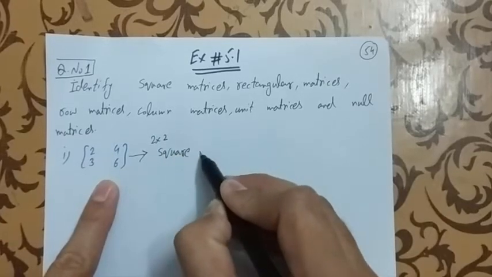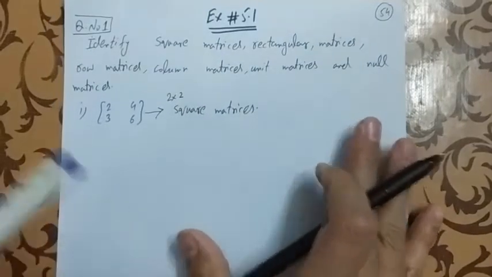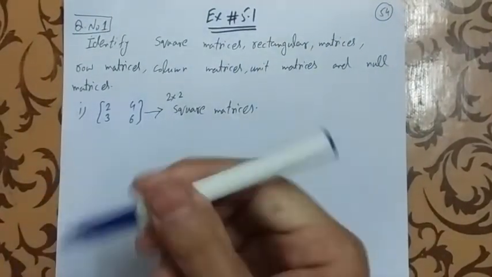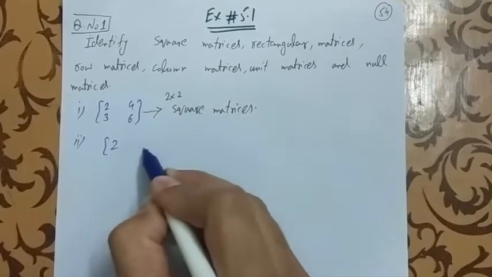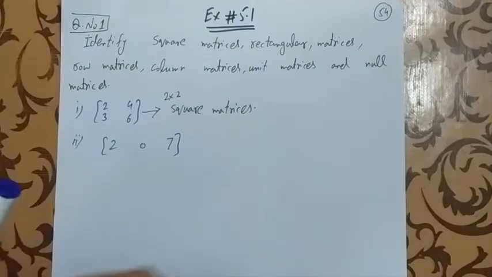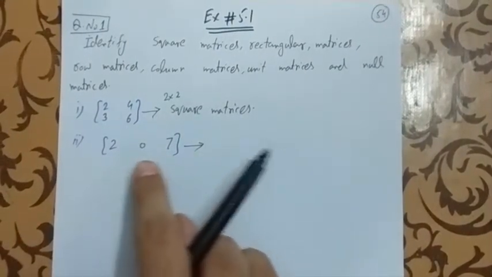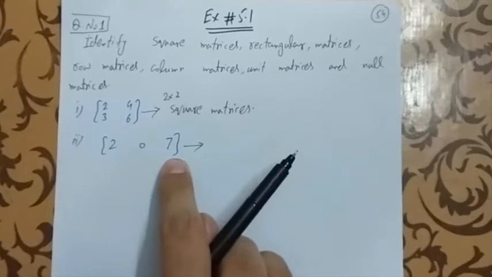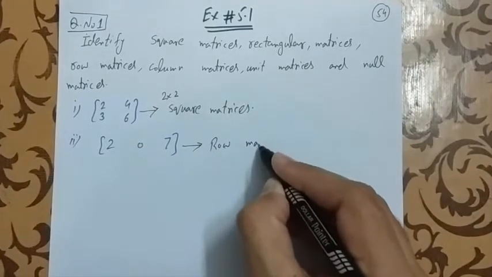Second, similarly, this matrix is 2, 0 and 7. Identify which it is. Students, this is a row matrix because there is only one row in this problem.